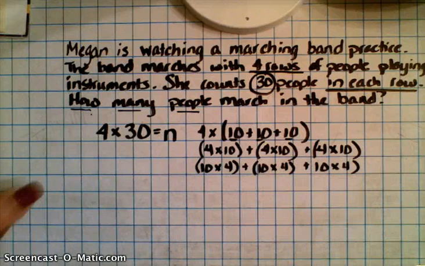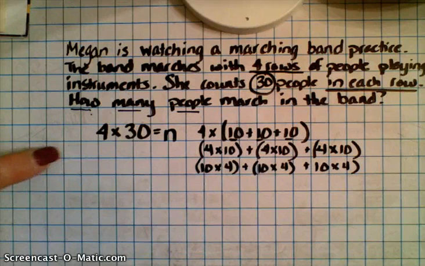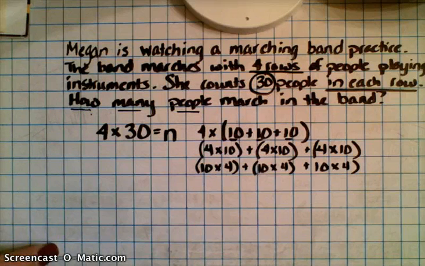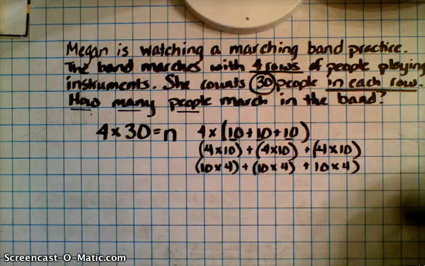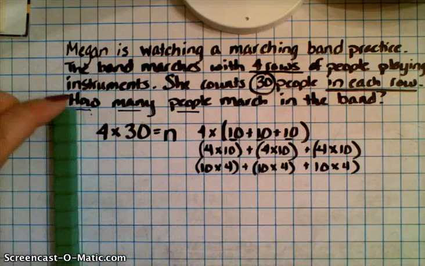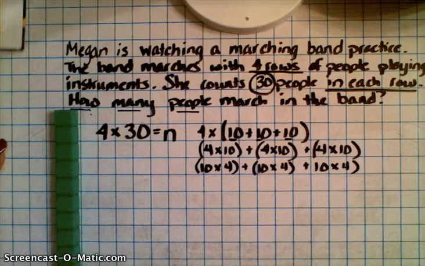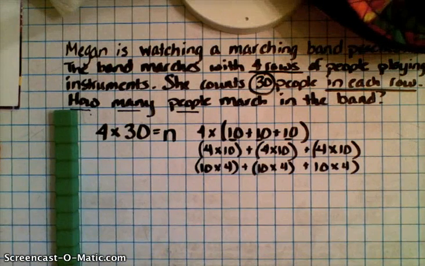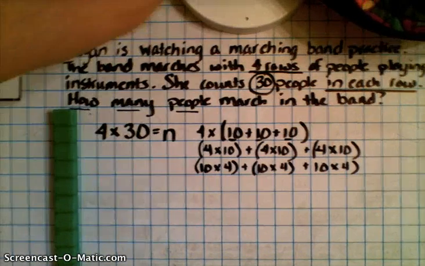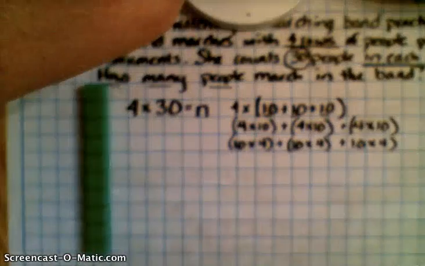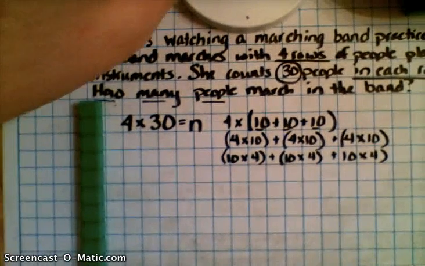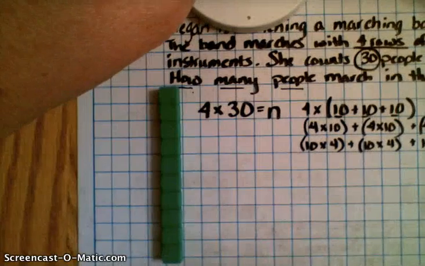So I'm going to count 1, 2, 3, 4, 5, 6, 7, 8, 9, 10. Well, let me move it up so it fits on our screen here. There we go. I'm going to move my camera over here for you.